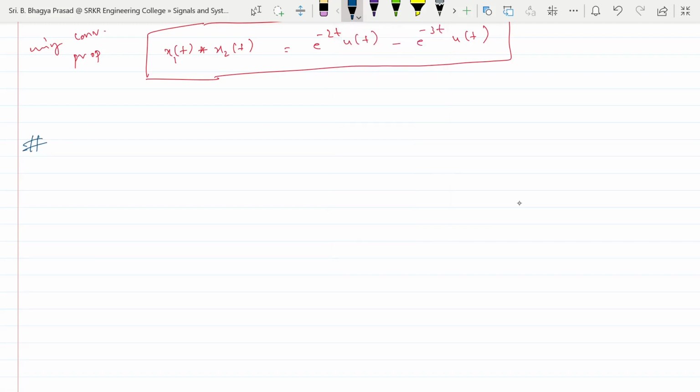Now let us find the responses of systems by using these properties.